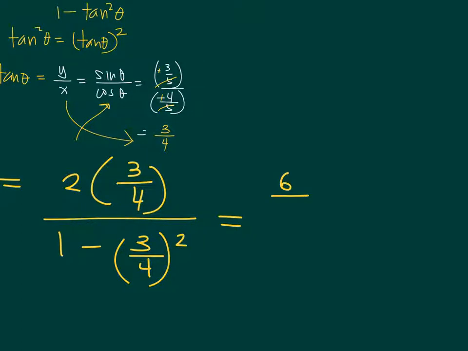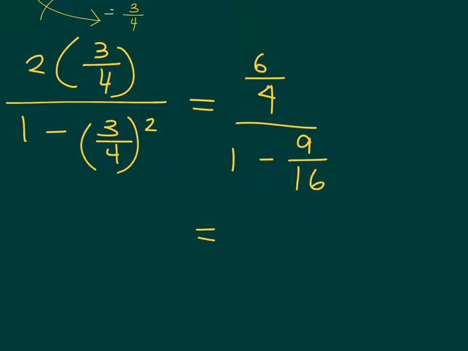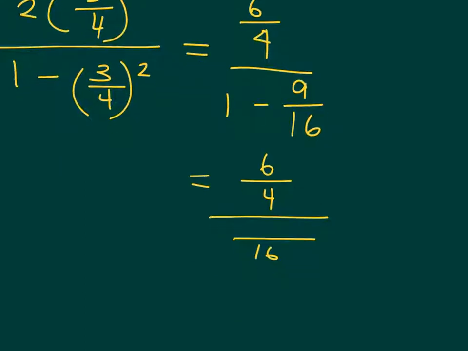Let's just write 6 over 4, over 1 minus the square of 3 over 4. Square of 3 over 4 is 9 over 16. Okay, we simplify the denominator. Think of 1 as 16 over 16. So 16 minus 9 is 7.